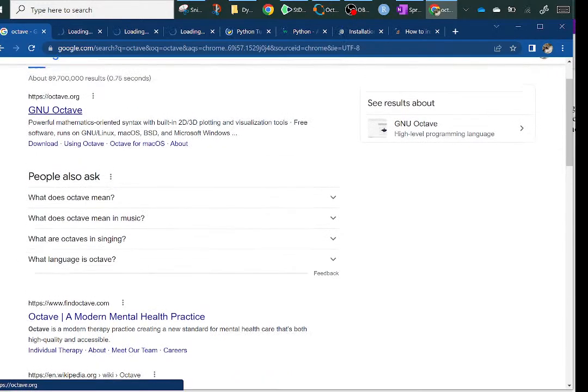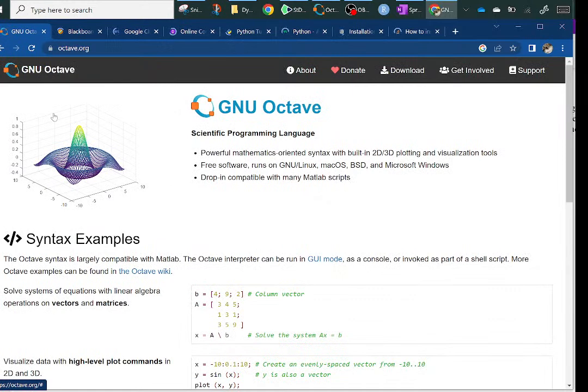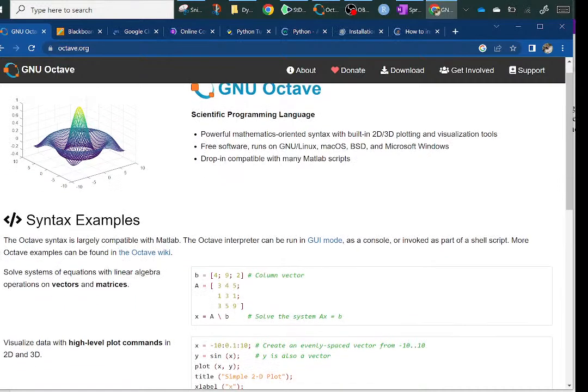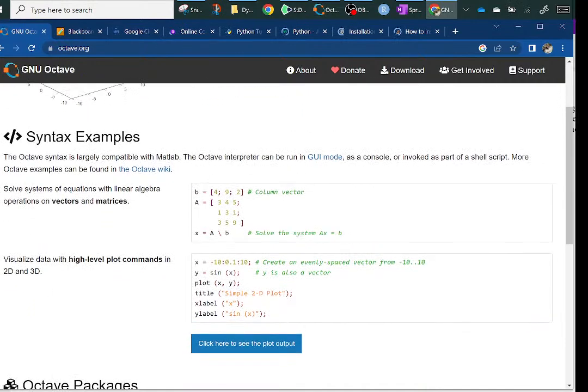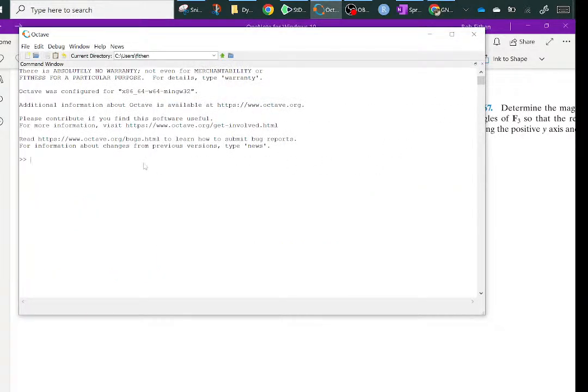If you use the other search engine, I don't know what you're going to get. If you read it within a few seconds, you'll realize they may have actually removed some of the reference to MATLAB. Oh no, okay, so they did. The syntax is largely compatible with MATLAB. It's only when you get to the more advanced stuff that it becomes incompatible. So I use it in class, and you'll see why here shortly.